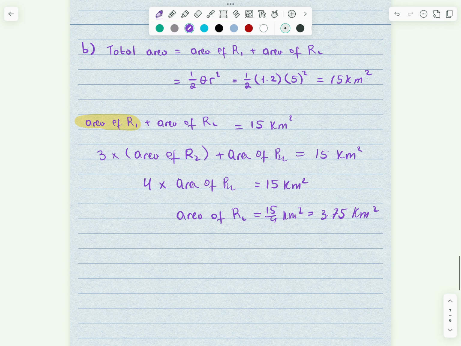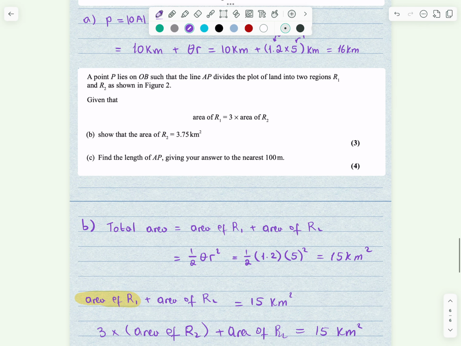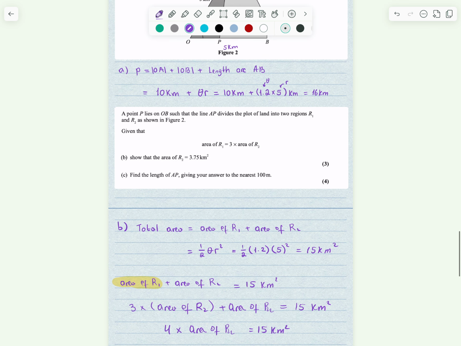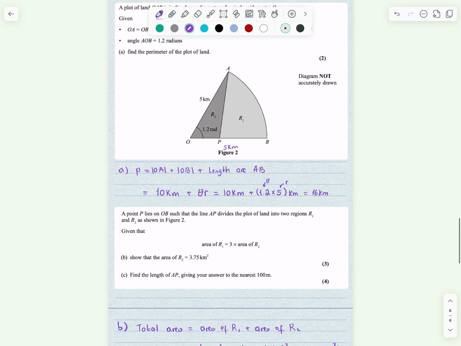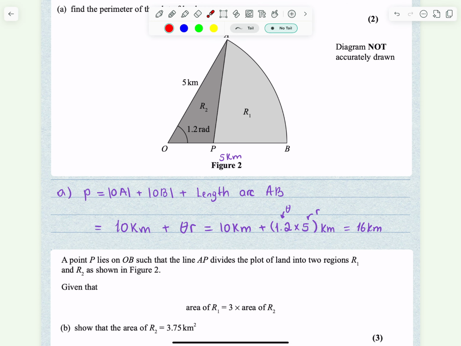This is part B. In part C, they say find the length of AP, giving your answer to the nearest 10 meters. If I want to find the length of AP, I'm going to be using the cosine law for this.